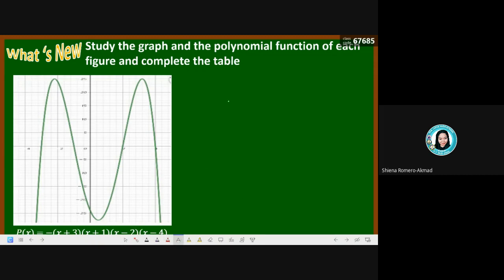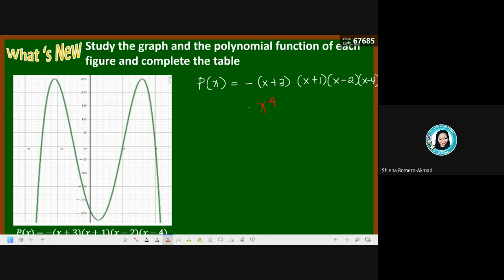We have here P of X equals negative X plus 3, X plus 1, X minus 2, X minus 4. So, tingnan natin. We have here X, X, X, X, apat. So, we have X raised to 4.